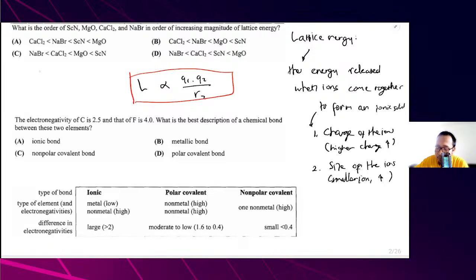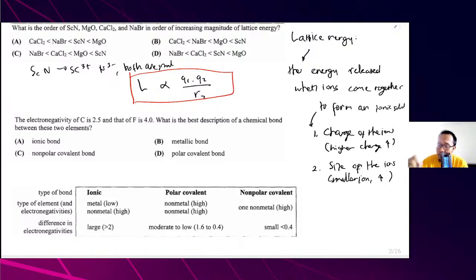Let's go through the options one by one. For example, ScN: Sc has 3 plus and N has 3 minus, and both are small.